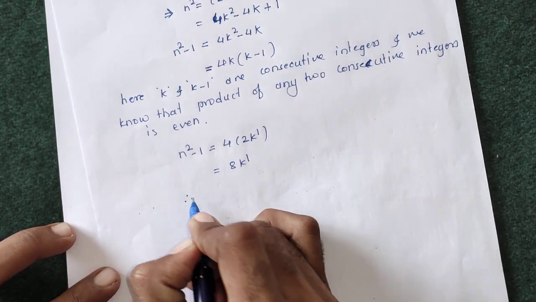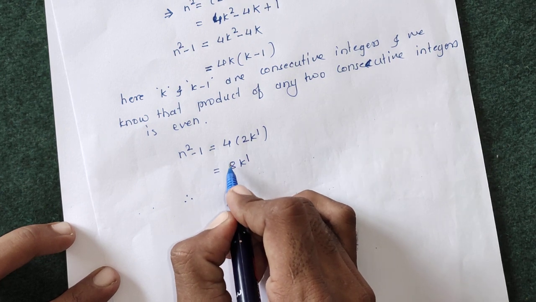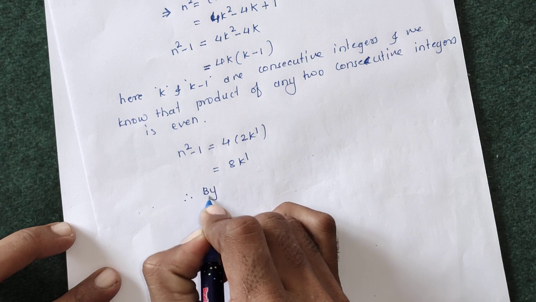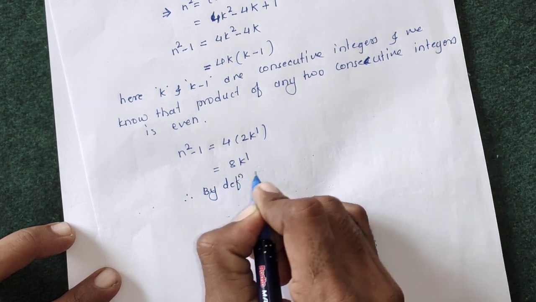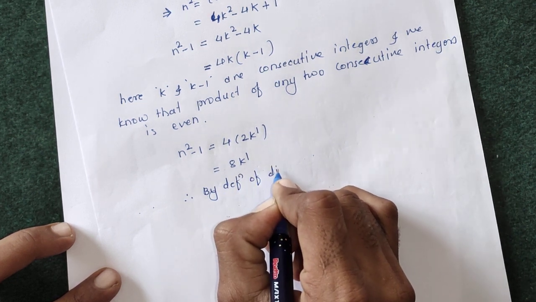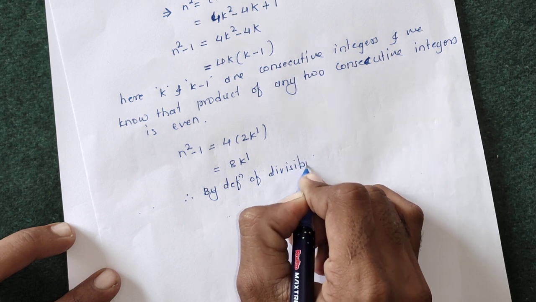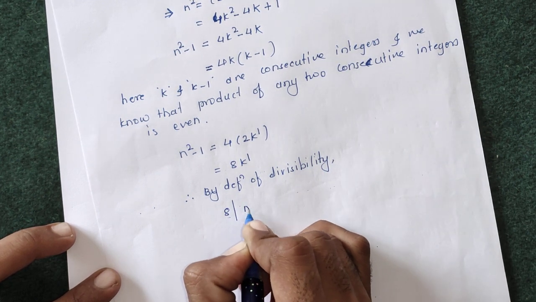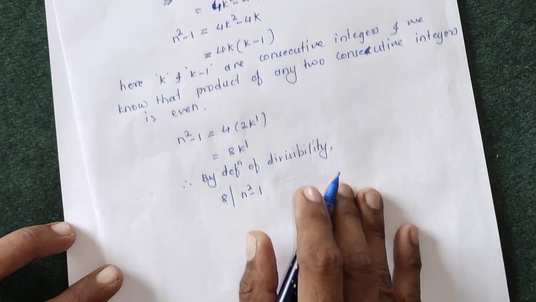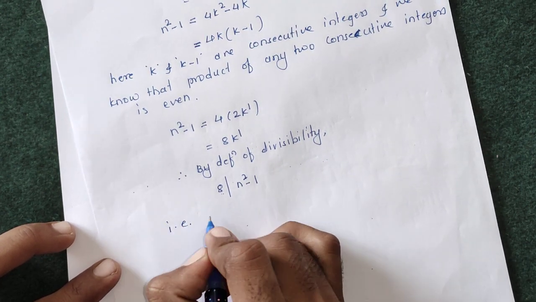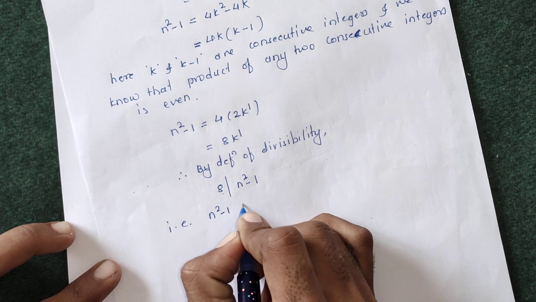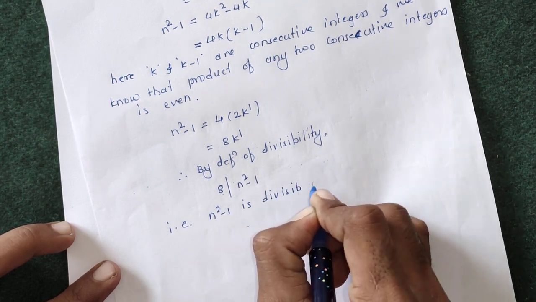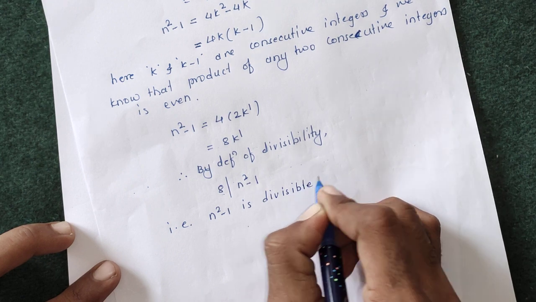Therefore by definition of divisibility we can say that 8 divides n square minus 1, that is, n square minus 1 is divisible by 8.